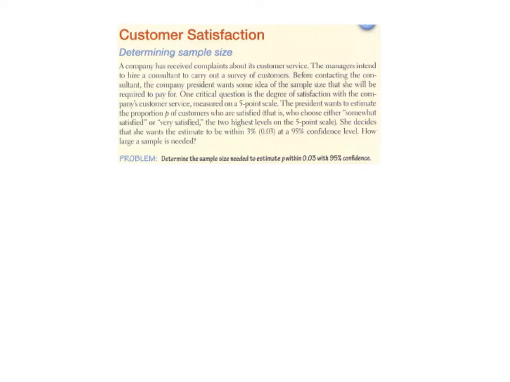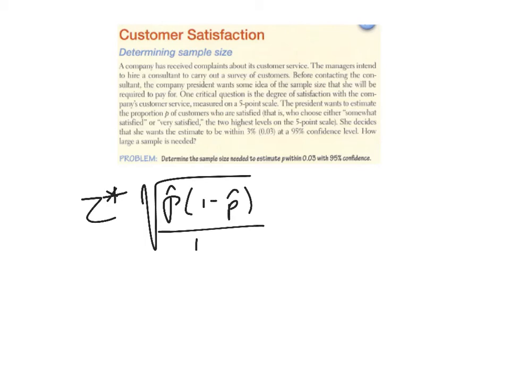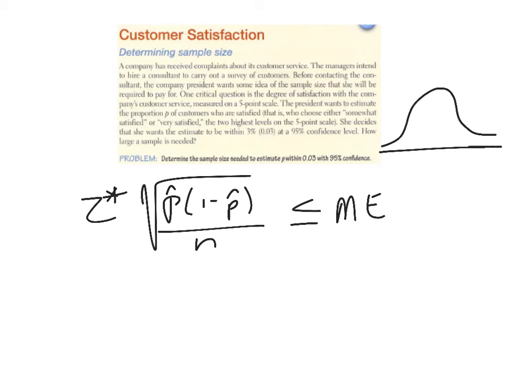So if I'm looking to do this here, our formula for this, right, we've got our critical value of z times the square root of p hat times 1 minus p hat over n. We're trying to figure out what n is less than or equal to our margin of error. So if I'm looking for 95% confidence, we've already done this a couple of times, right?